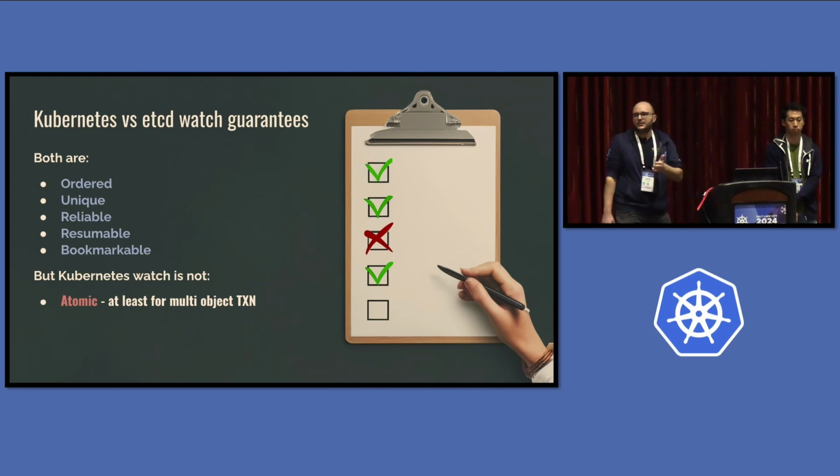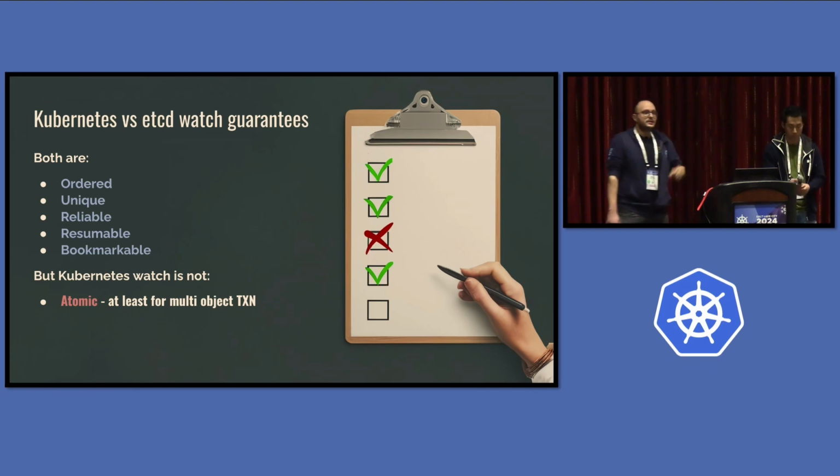And if something breaks, as we discussed about cancellation, you can resume it, and you can ask for bookmarks, so you'll get updates even if nothing happens. But the main difference is the atomicity. On the etcd side, if you send one batch transaction with multiple objects, you will get one watch response that will include all of the changed objects, which will share the revision.